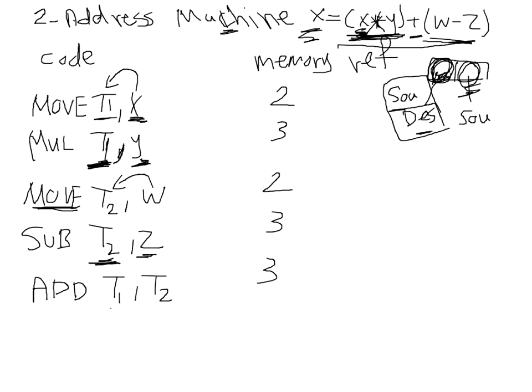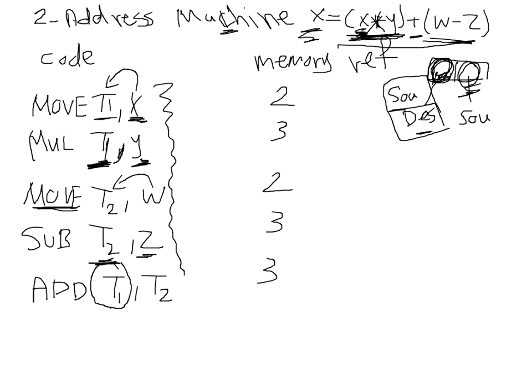We need to have the value of x. Now, what is the value of x, to be honest? If you think about it, it's t1. T1 is like a box collecting all the information, all the results from the steps.